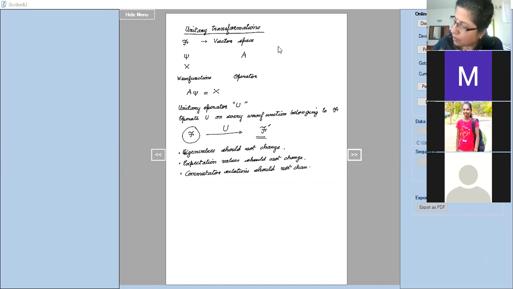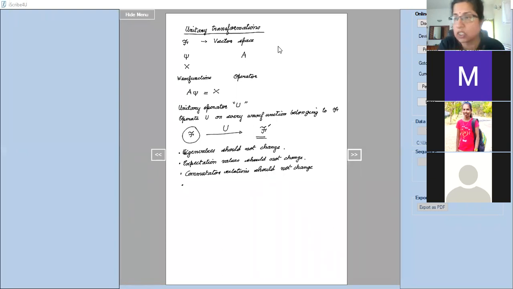Then, for instance, the formulae with which I associate one quantity with another. We all know that in a gravitational field, potential energy is mgh. Even if the system has been transformed and the physics has not changed, I should still have a formula which says potential energy is mgh.